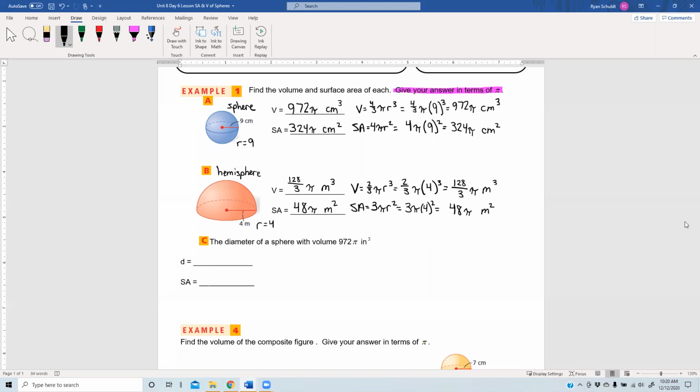Okay, so let's see here. Let's think of our formula for the volume of a sphere. We have just a plain sphere here. So it's going to be 4/3 pi r cubed.